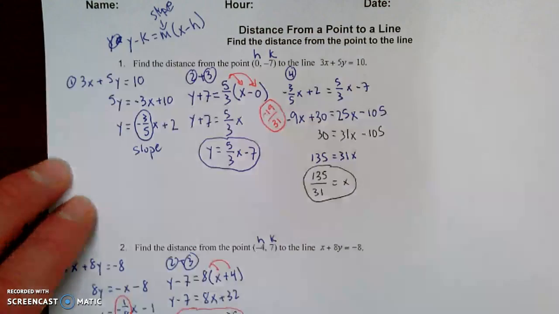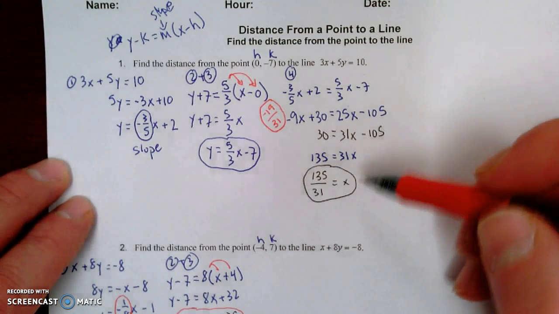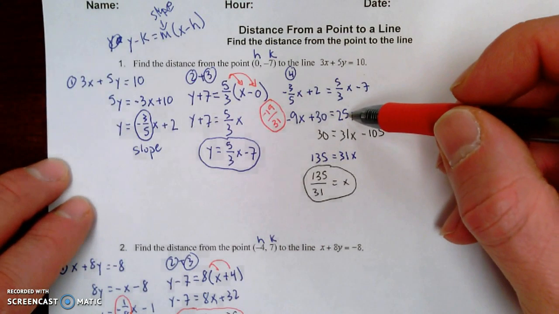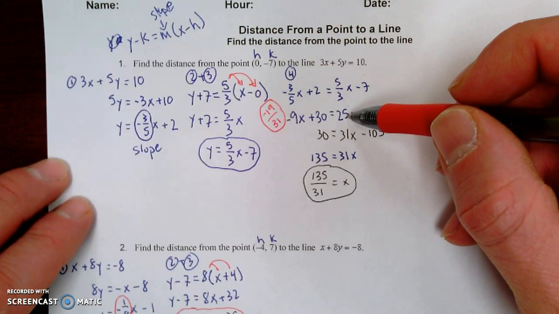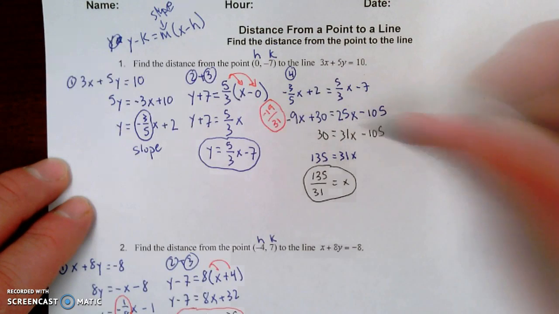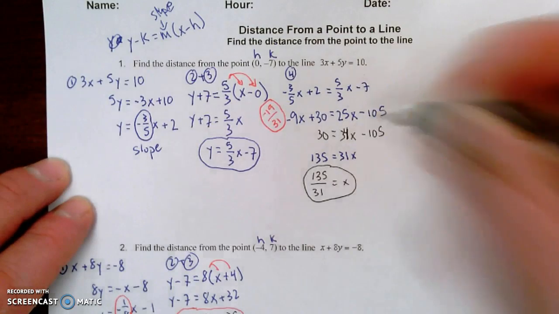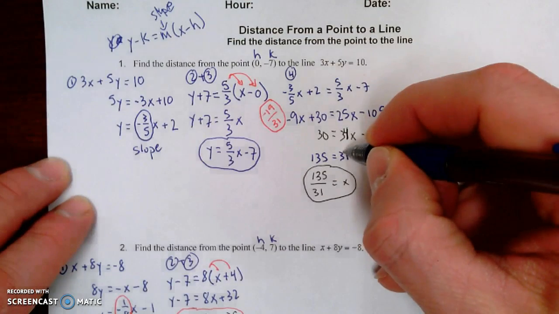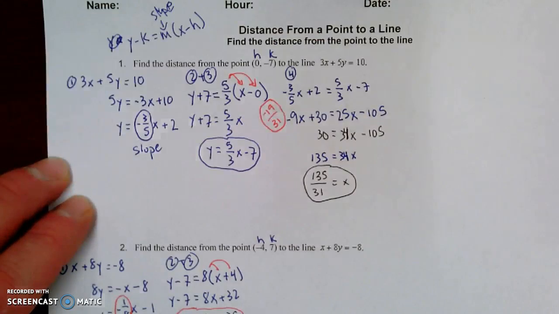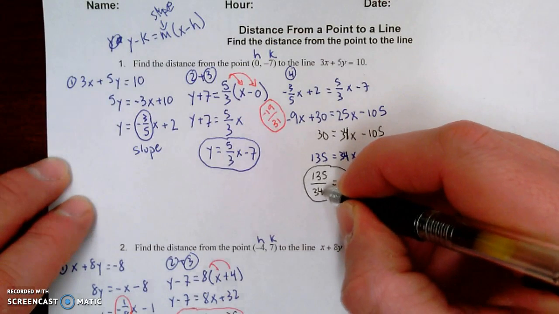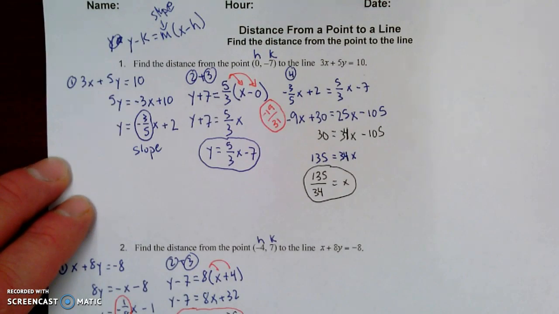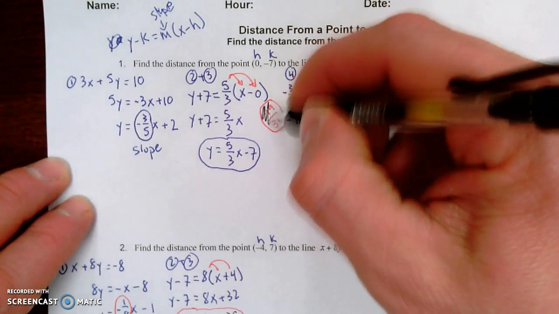If you notice, go back, let's see, 25 plus 9 isn't 31, it's 34, which makes this a 34, which makes this a 34. So now we have to start all over again.